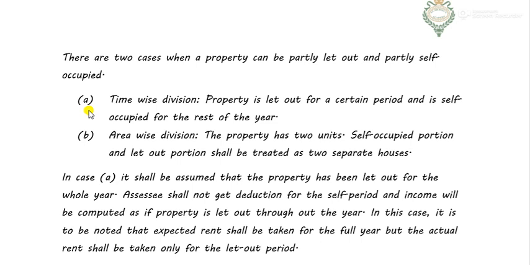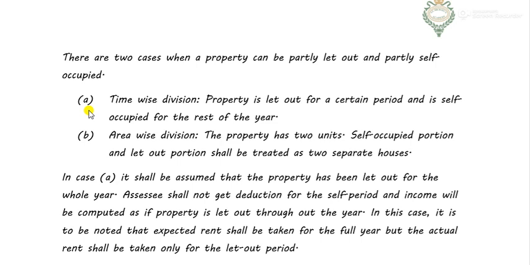Look, when the income tax authority gives any data, such as municipal value, standard rent and fair rent, it is given for the whole house property. It is not given for the ground floor and first floor separately. It gives you the whole value of the house property together.